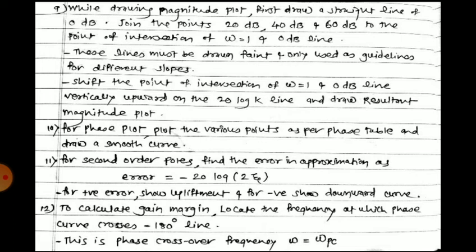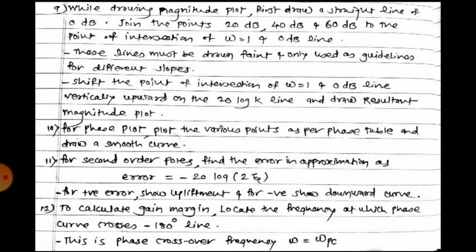Then shift the point of intersection of omega 1 and the 0 dB line vertically upward to the 20 log K line and draw the resultant magnitude plot. For the phase plot, plot the various points as per the phase table and draw a smooth curve. For second order poles, find the error in approximation as error equal to minus 20 log of 2 zeta. For positive error, show upliftment, and for negative error, a downward curve.